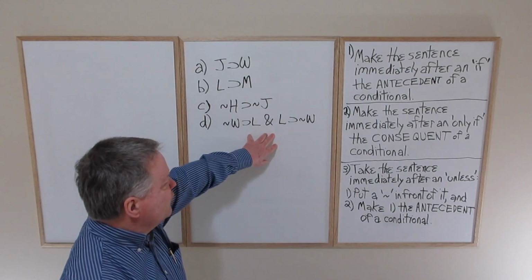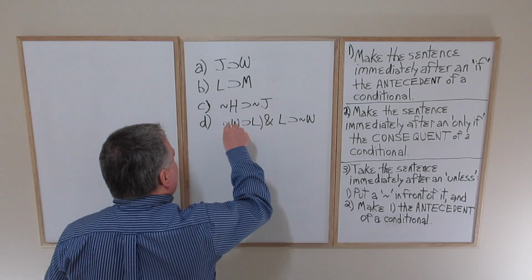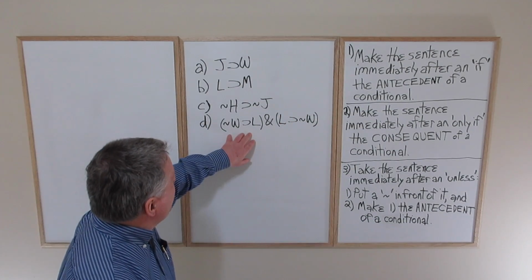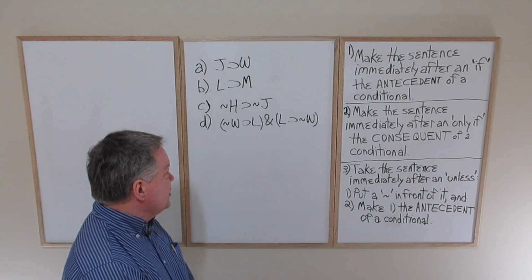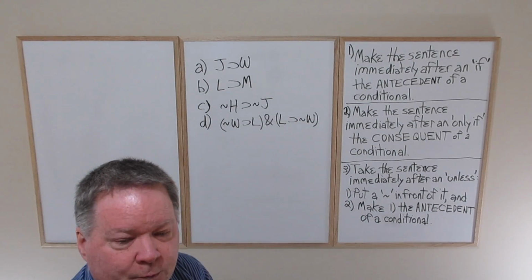Now, this string obviously is not binary, so we put a pair of brackets around the two mirror image conditionals. So we've got a conjunction then of two mirror image conditionals.